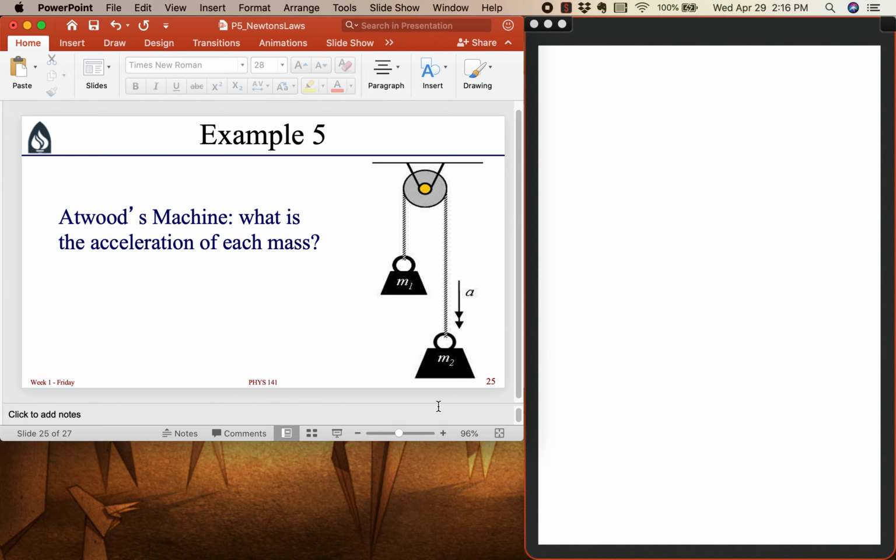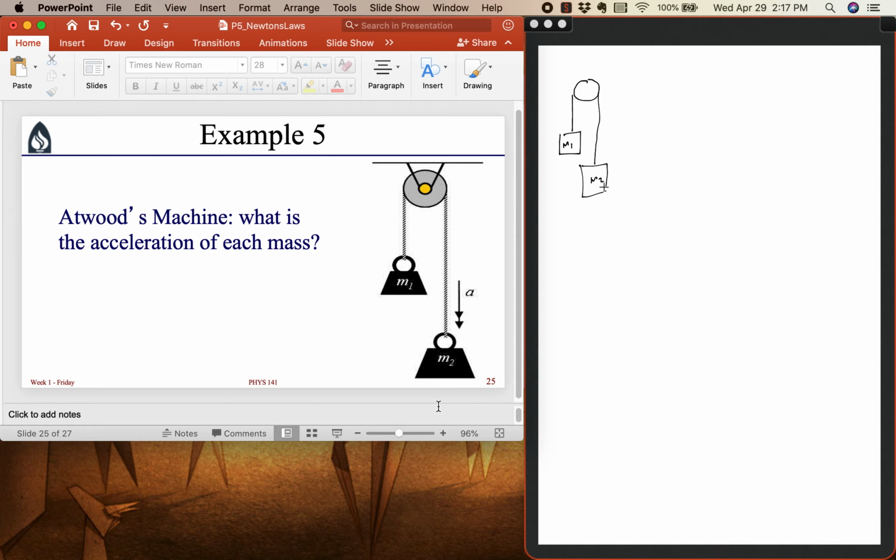So like before, the first step is going to be to draw a picture of this situation. So we have a pulley, and slung over the pulley is a string that's attached to these two masses. We have one mass, which is labeled M1. We have another mass, which is labeled M2.